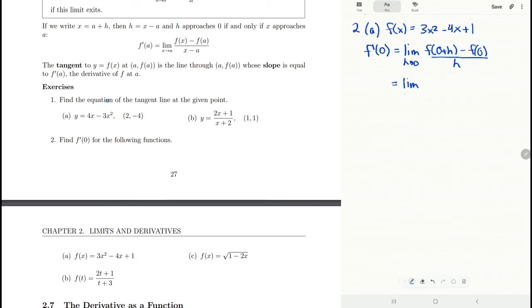And we can simplify this further. We have the limit as h goes to 0. 0 plus h is just h, so this is f(h) minus f(0) all over h.